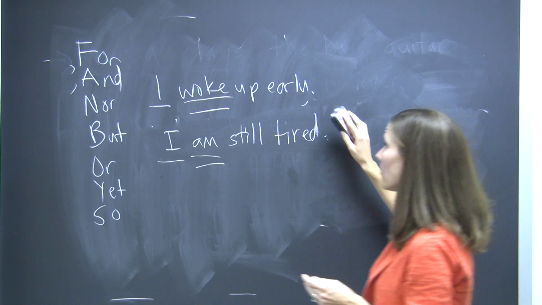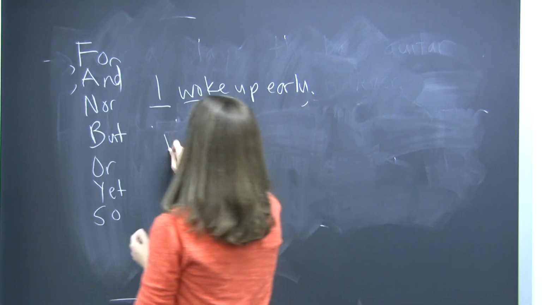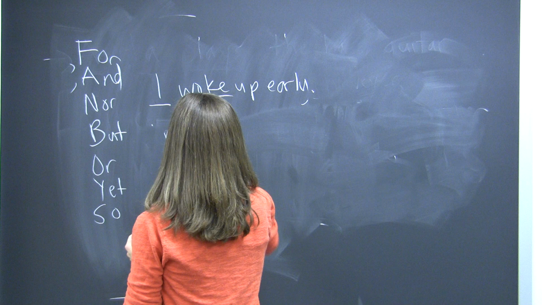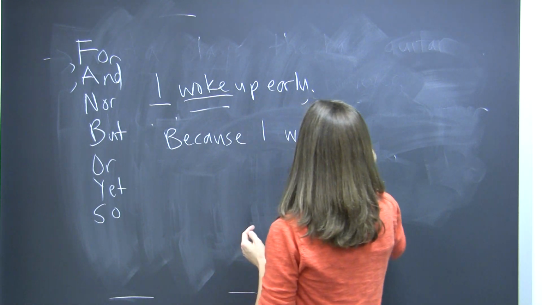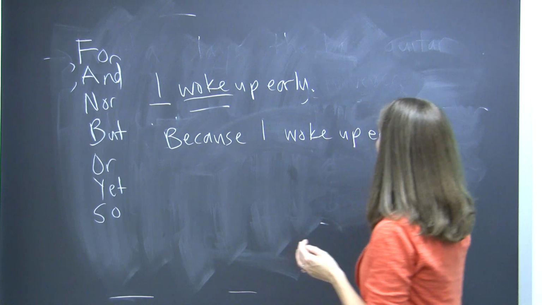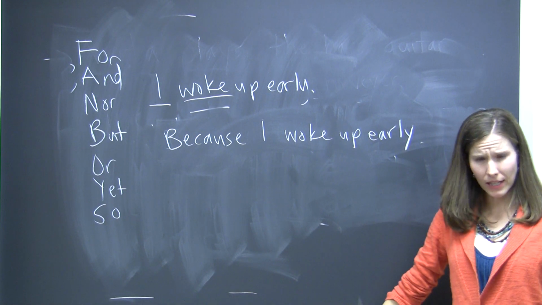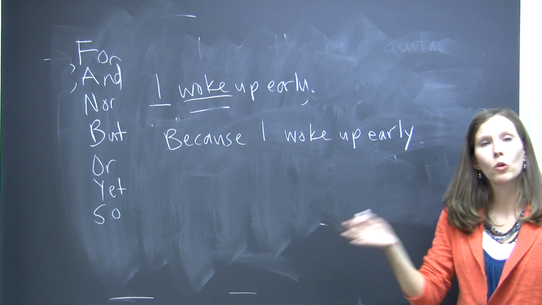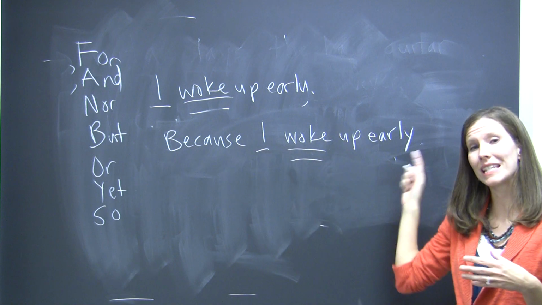So for example, because I woke up early. That doesn't make sense by itself. It would need more information to be a complete thought, even though it has a subject and a verb. This is a dependent clause.